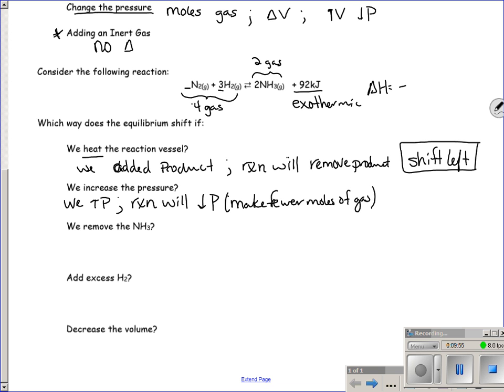So what we're going to do is look at our reaction and see which side has fewer moles of gas. We can see that the reactants have 4 moles of gas, and the products have 2 moles of gas. So in order to decrease the pressure here, the reaction is going to shift to the product side because there's less gas there. So it's going to shift right.